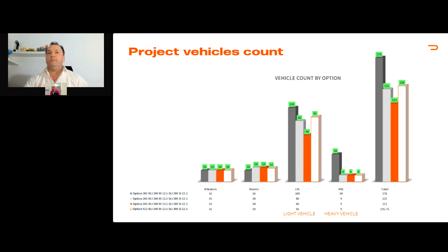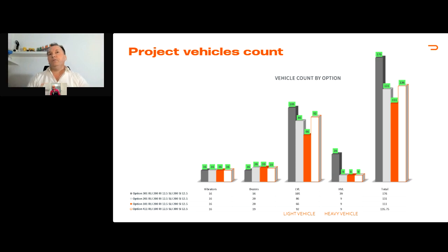Project vehicle count. So you have a split there on the representation per type of equipment. Vibrator obviously stays the same in every scenario, no change. Dozer, as we go faster with node compared to cable in terms of number of days for the acquisition, you need more dozers per day, but over the total project duration, the number of dozer days will decrease.